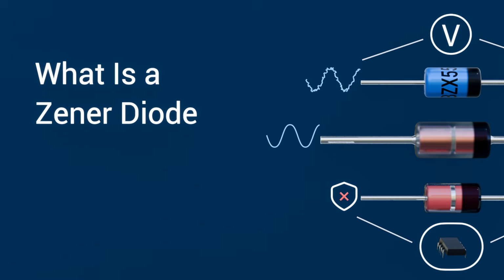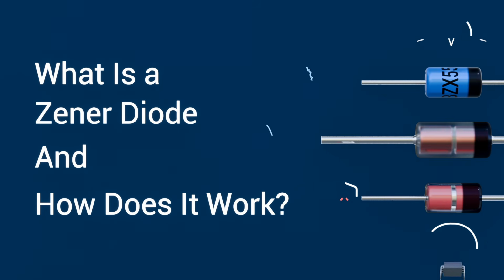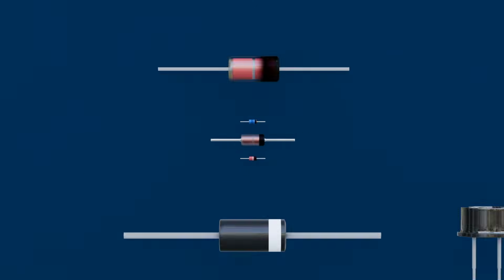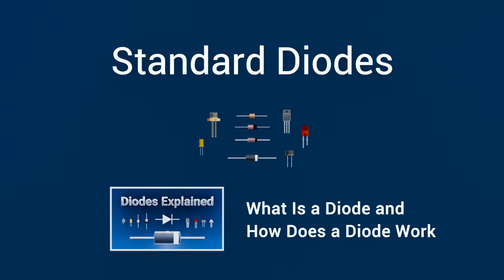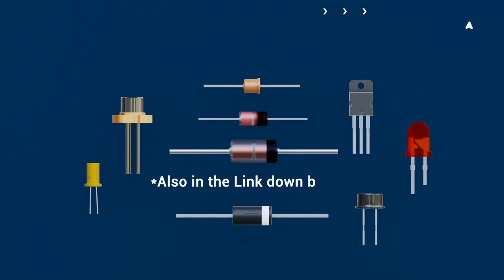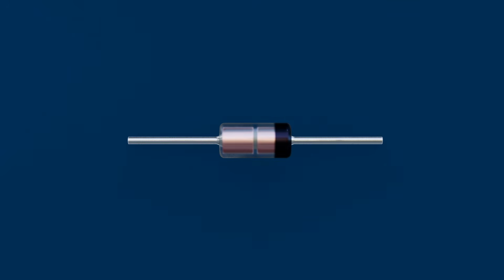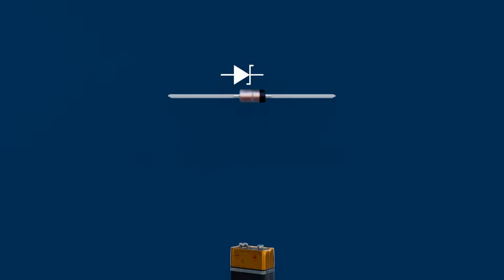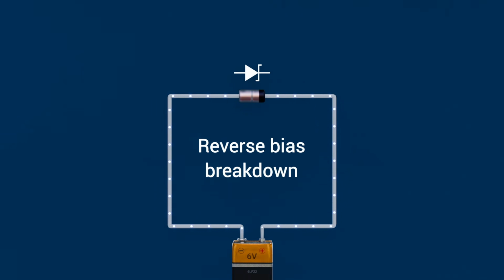What is a Zener diode and how does it work? Hopefully you have all watched our previous video on standard diodes. If you haven't, you can view it here. But essentially, a Zener diode is a special type of diode designed to operate in reverse bias breakdown safely and repeatedly.